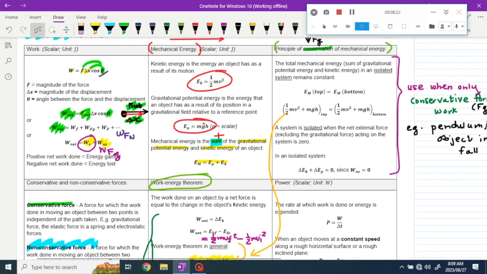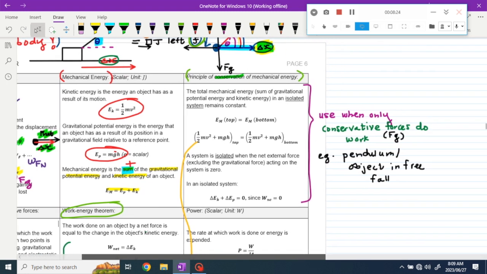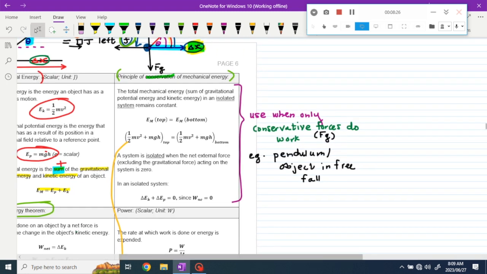Okay? But if we look at this one right at the top, the principle of conservation of mechanical energy. A moment ago at the left-hand corner of the screen, on your page, I spoke about conservative forces. And you guys told me there's one conservative force that we deal with. What is that force? Gravitational force.